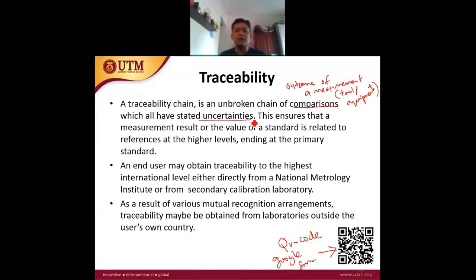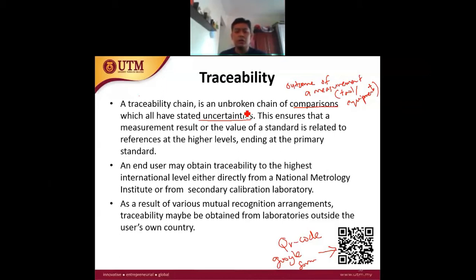What is uncertainty? Uncertainty, as a whole, is basically the level of confidence in the outcome of the measurement, which includes accuracy, error, reproducibility, repeatability, and also resolution.